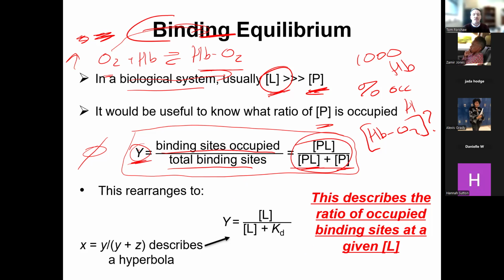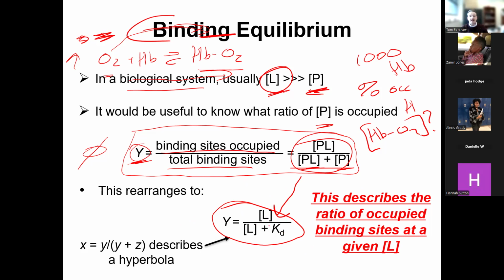Simple. Now, we can rearrange this equation, and if you really want, the textbook tells you how. I'm not going to go into why, because it's just a bunch of algebra that's not important, but effectively this rearranges into Y equals L over L plus KD.